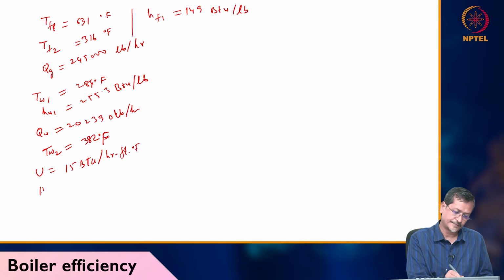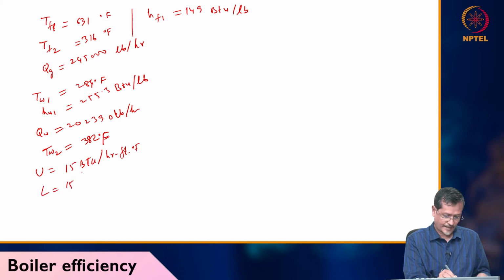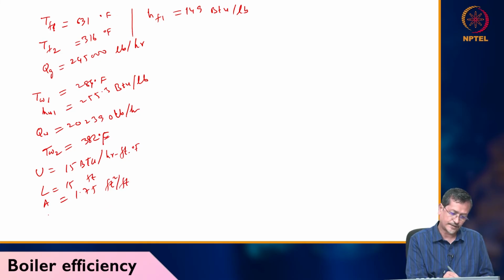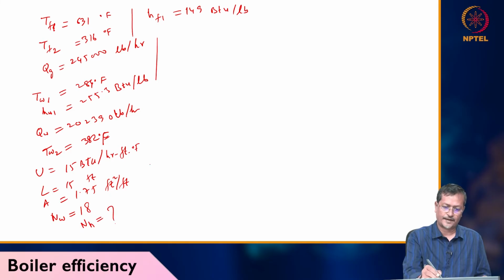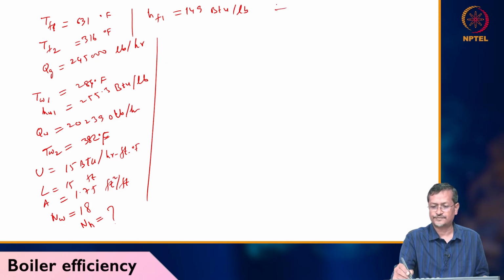Heated length is given 15 and area per feet is given 1.75 per feet, and number of tubes wide, n wide, is given 18, and n high we have to calculate, and they are saying this is a counterflow heat exchanger.